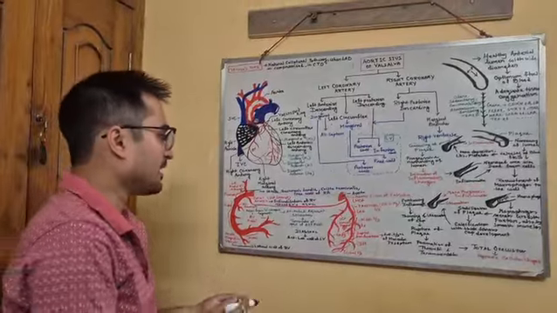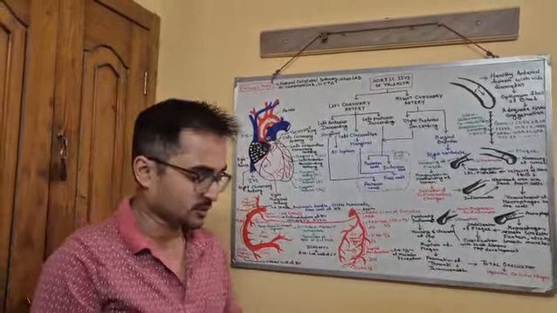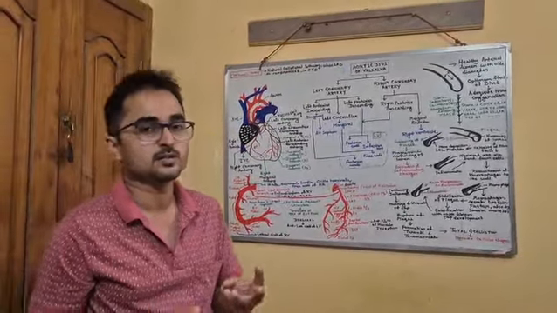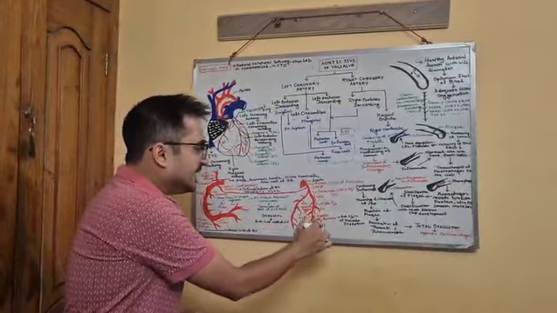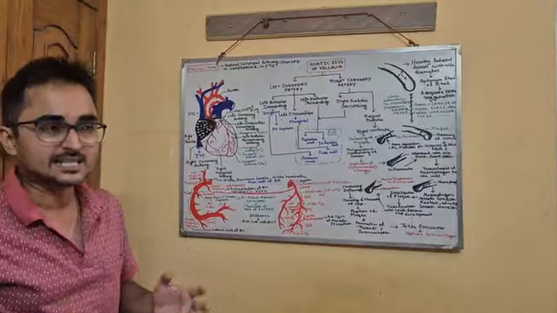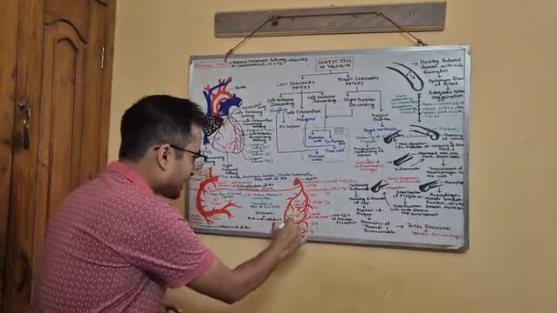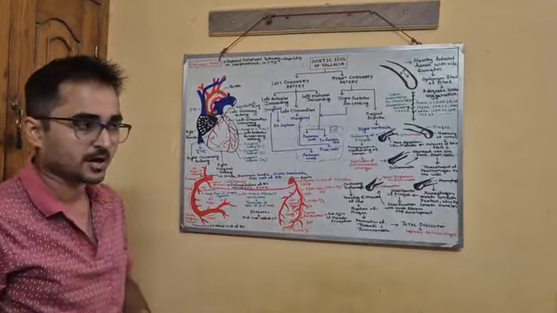So the left anterior descending artery is divided into three parts: proximal, middle, and distal. As you can see, the D represents the distal, and these are the septal perforators. And in the case of the left circumflex artery, we have our obtuse marginal branches.